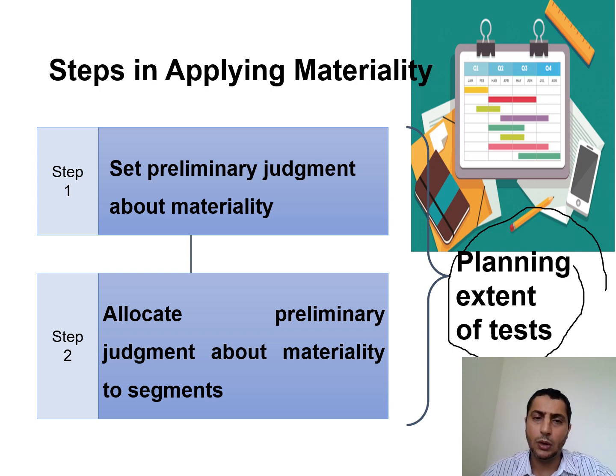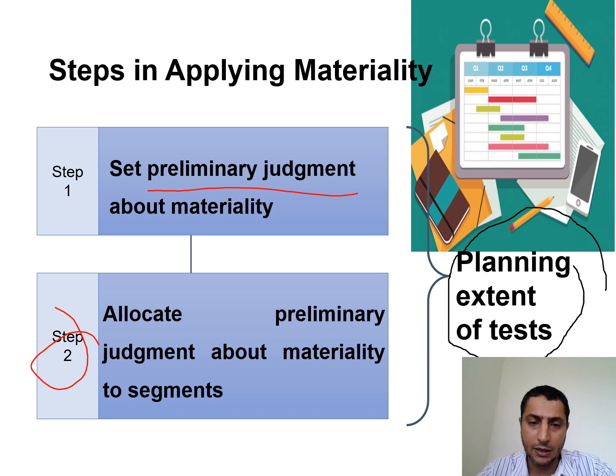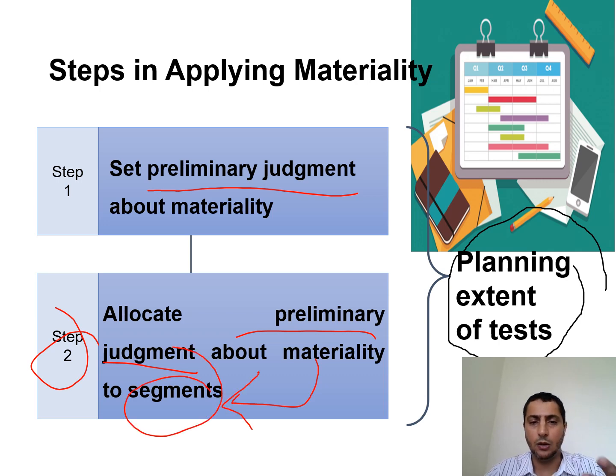First, we need to set up the preliminary judgment, which we discussed in the earlier slide, that the preliminary judgment is the materiality threshold at the level of the financial statements. Then in step 2, we need to break down the preliminary judgment into segments.